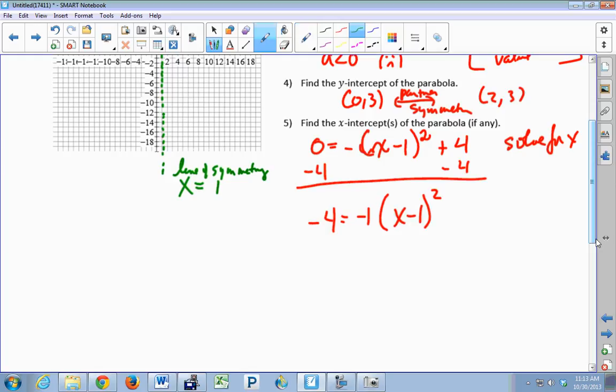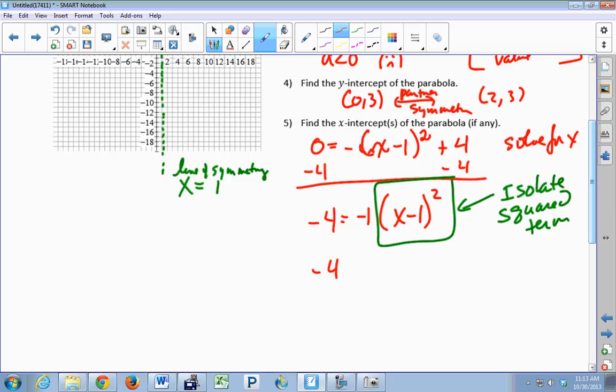My goal is to isolate my squared term. Right now it's got a negative 1 multiplying it, so now we want to divide both sides by negative 1. And that gives me 4 equals x minus 1 quantity squared.